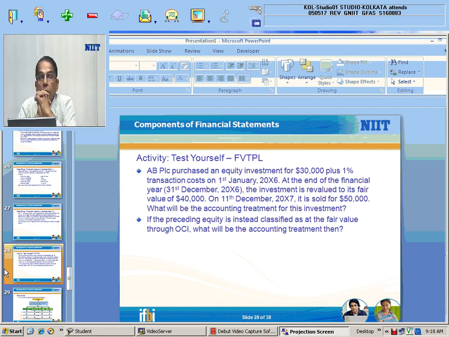I am waiting for the response. This is a question to all of you. Here the transaction cost is 1% of 30,000, which is $300. Should we add it to the initial measurement of the financial asset, or should we expense it to the profit and loss account? Please respond.